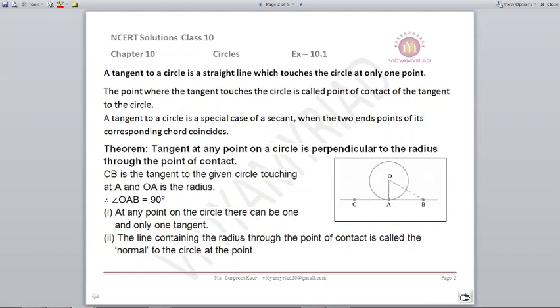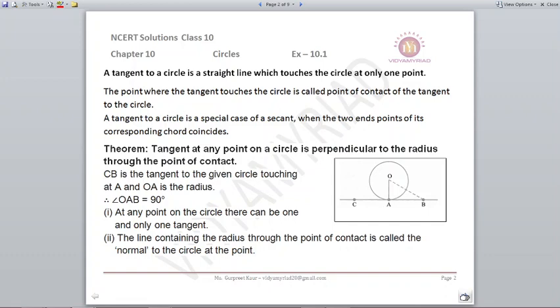So there are certain points which you need to understand. At any point on the circle, there can be one and only one tangent. That means if A is a point of contact which is touching the circle, and I draw any other line on it, it will not be the tangent to the circle.